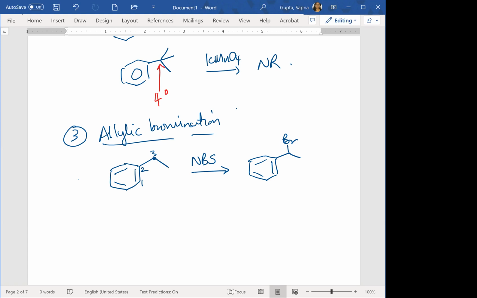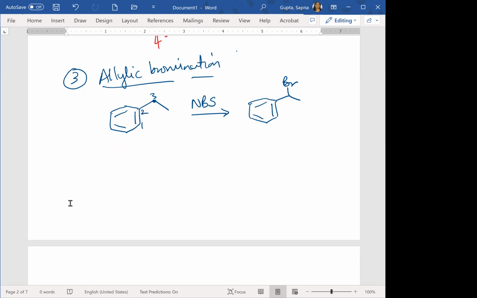It's of course more stable also, but let me write another reaction here for you. Even if you had something like this, okay, and you were to treat this with NBS, there'll still be only one product.